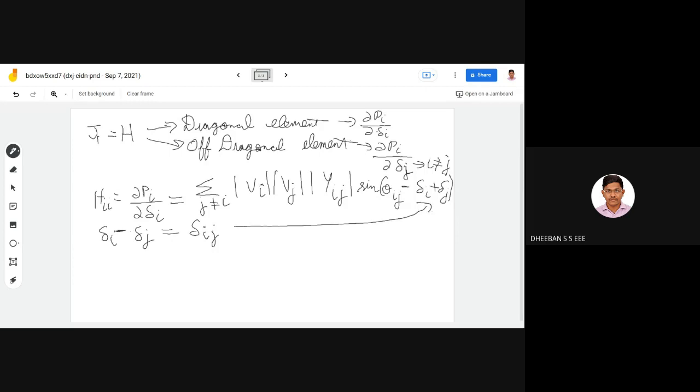So what you'll be getting is HII will be equal to dP_i by d del_i, which is equal to, j not equal to I, Vi Vj Yij, so this becomes sine theta ij minus del ij.